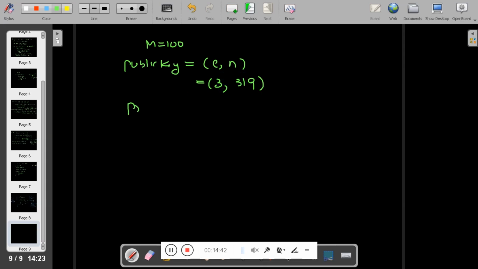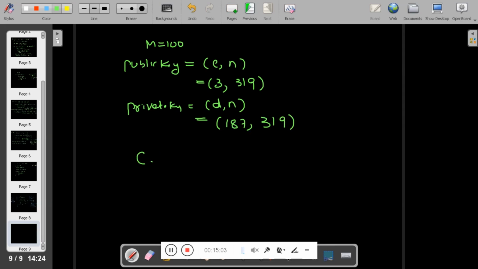Similarly, the private key is D and N, that is, the value of D in our case we got 187 and N is equal to 319. Now we need to find out the ciphertext.